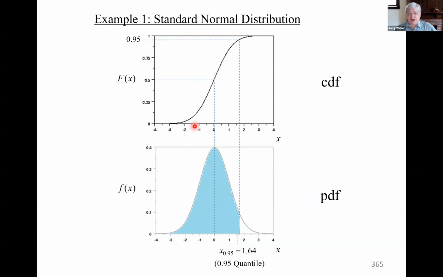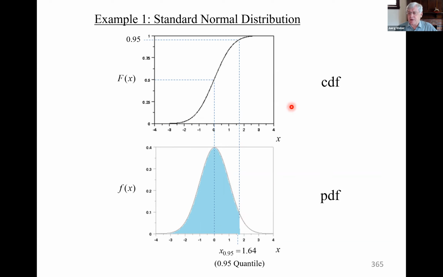So the rate of change here of the cumulative distribution function is shown down here. The rate of change gets bigger and bigger, here it has a maximum, and then the rate of change again starts to fall.